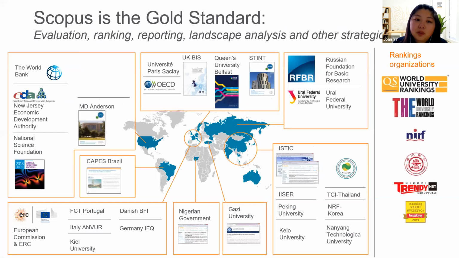And also Scopus is the golden center in many ways, like in evaluation, ranking, reporting, landscape analysis, and other strategies. The most well-known rankings we collaborate with are the QS World University Ranking, Times World University Ranking, and also some domestic ranking systems.